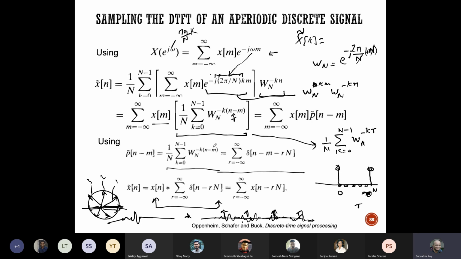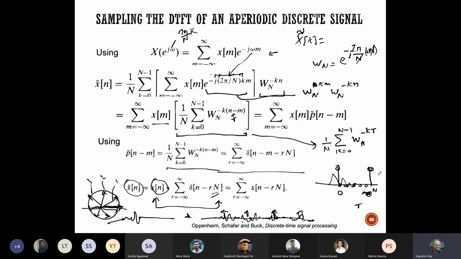So that's how we show that the periodic version of x(n) is just the original x convolved with a train of delta functions separated by N. So there's one delta function here, one separated by N. So every time I convolve the signal, I basically just put that signal there.